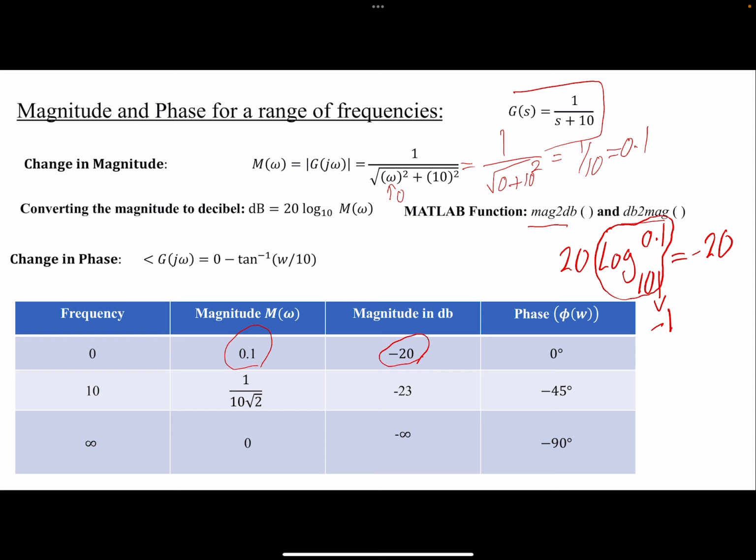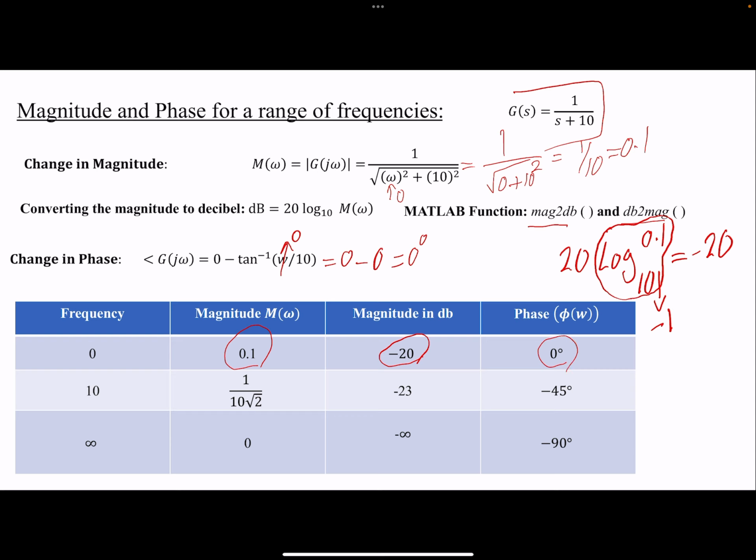And that's for magnitude, that I can present in a magnitude format and in decibel format. And for the phase, I can plug in 0 here, and 0 minus tangent inverse of 0, which would be 0, so my angle would be 0 degrees. And that's the angle I have.